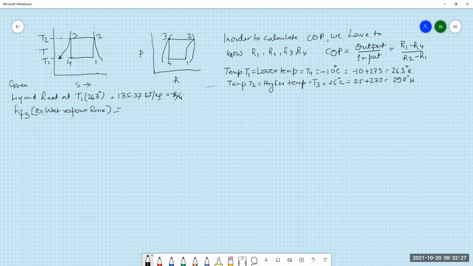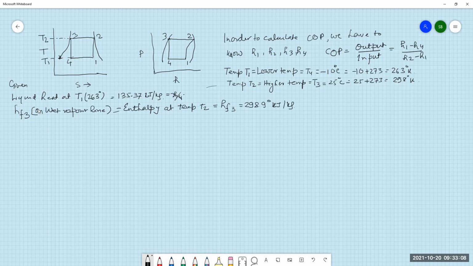So HF3 will be the enthalpy at the higher temperature T2. F is for fluid, and 3 is the point 3. So this is the liquid heat at the point 3, at 298 degrees Kelvin, 298.9 kilojoule per kg.